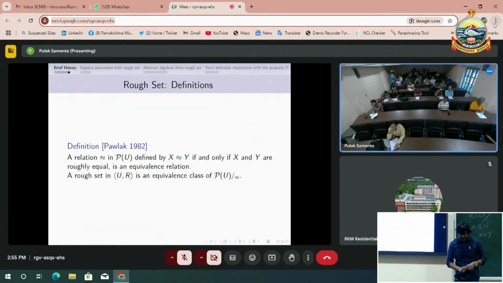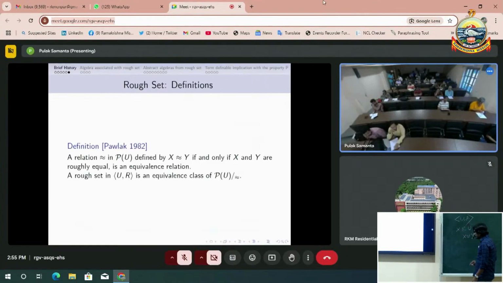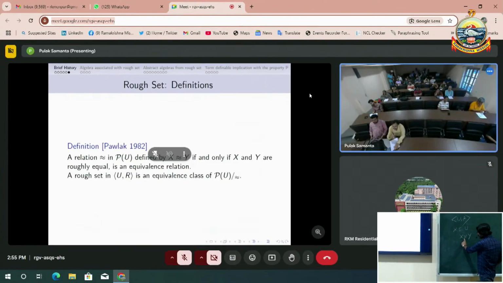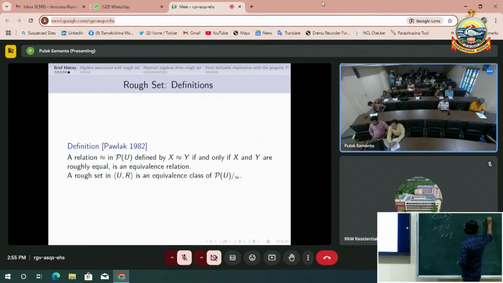Now, there are several ways to define rough sets. So what is a rough set? We define a relation on the power set of U, where any two elements are related if they are roughly equal.